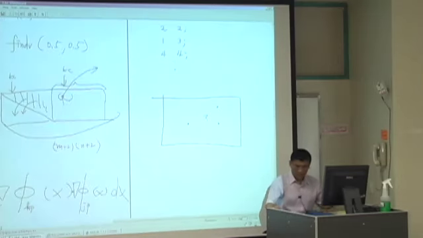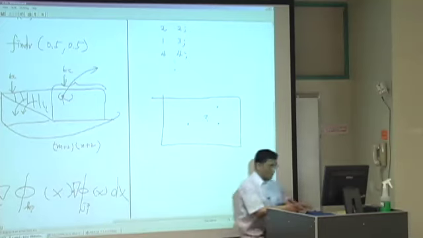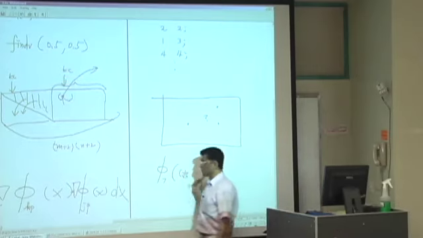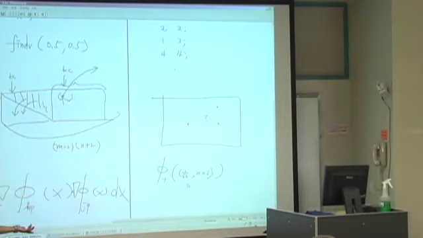So my question is this: can you determine phi 7 of a point like so? Can you calculate this thing? Generally it's tough, right? But now we don't have to worry about this kind of thing at all.